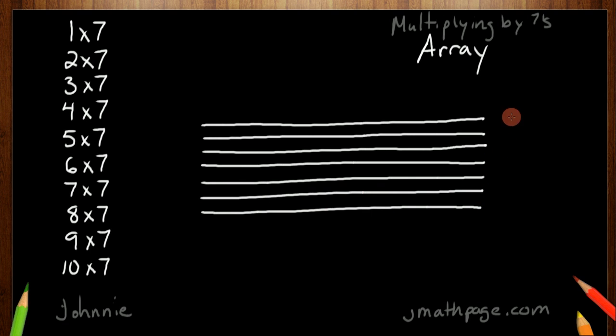I'll number them. So we have 1, 2, 3, 4, 5, 6, 7. 7 rows. And rows make up one part of an array.